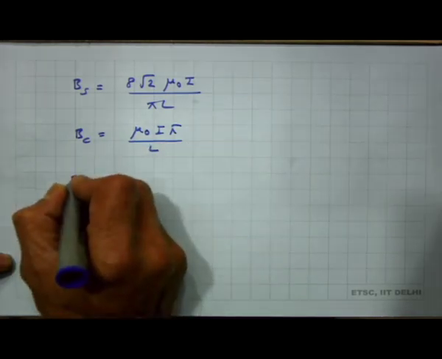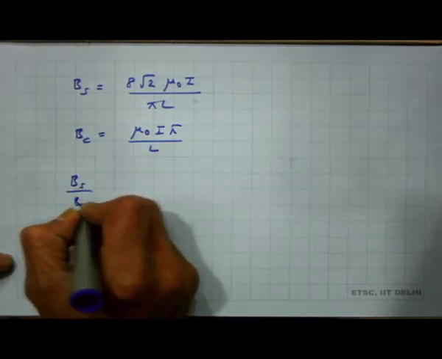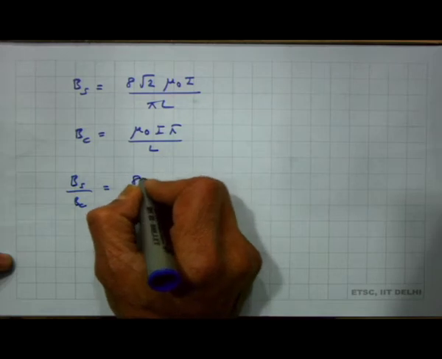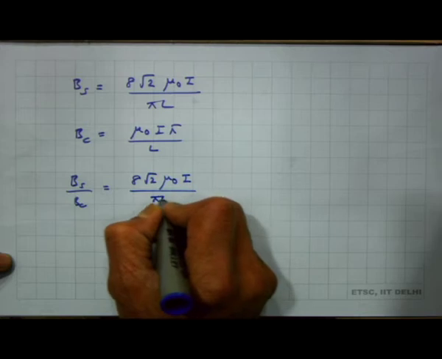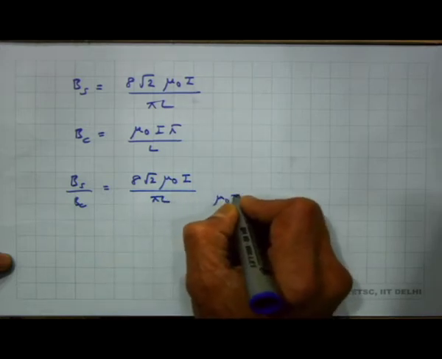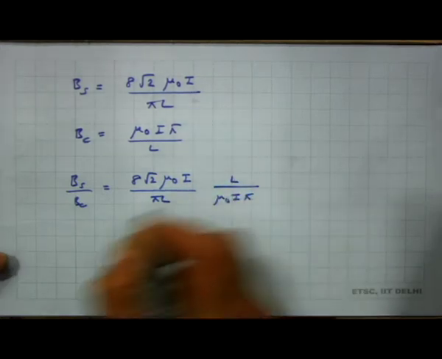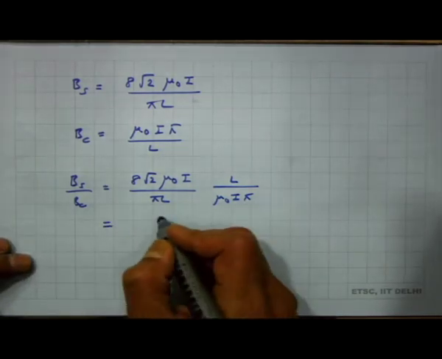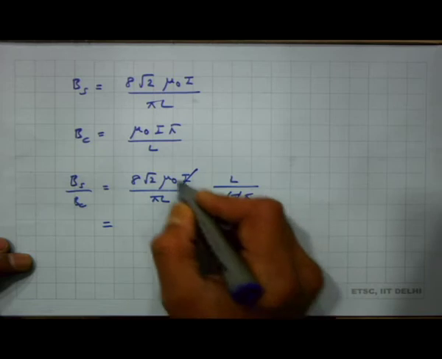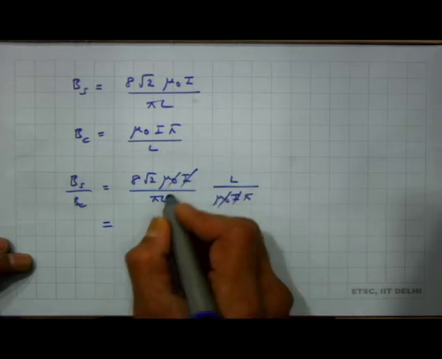So, the ratio B square by B circle will be equal to 8 square root of 2 mu naught I by pi L divided by mu naught I pi by L, and that is equal to, so I cancels off, mu cancels off, and L cancels off.